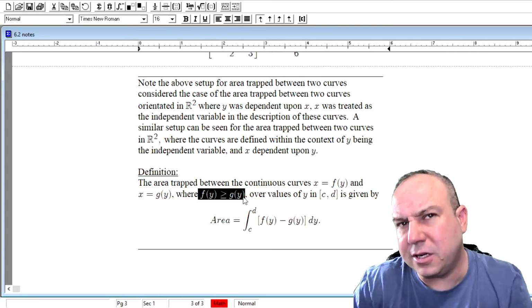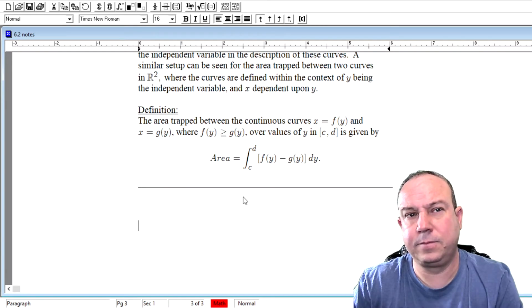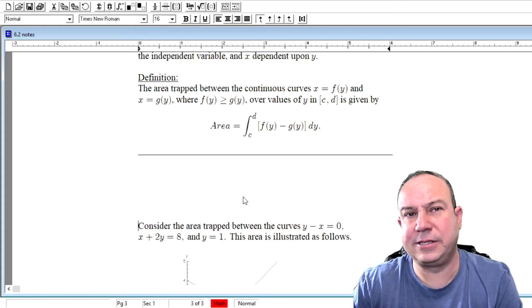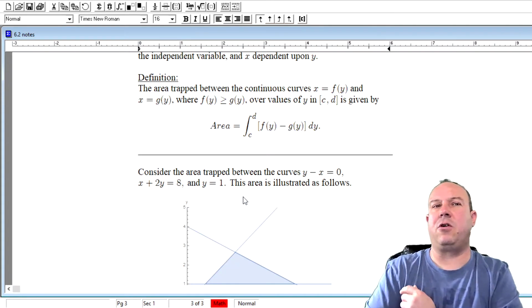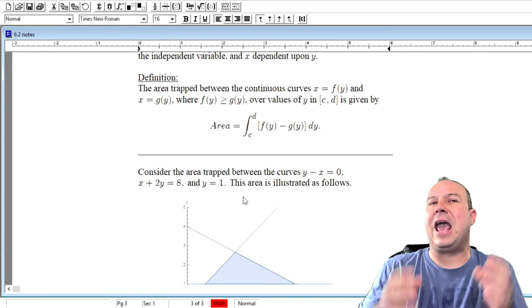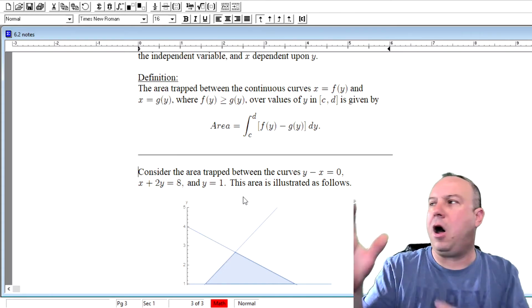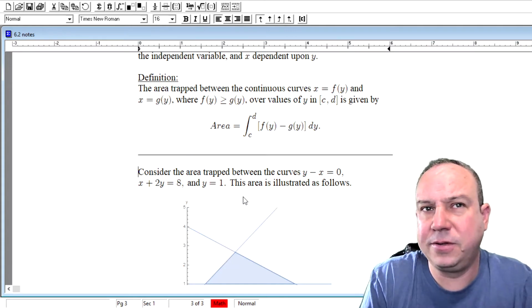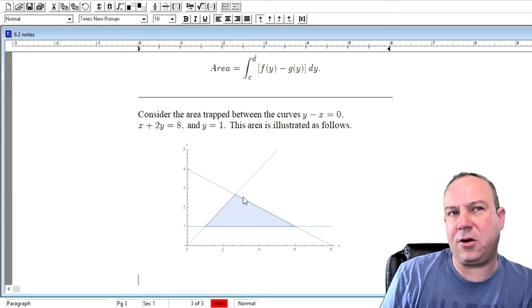All right, let's look at a specific case here, folks. Consider the area trapped between the curves y minus x equals 0, x plus 2y equals 8, and y equals 1. I'll help you out in interpreting what that area would look like.